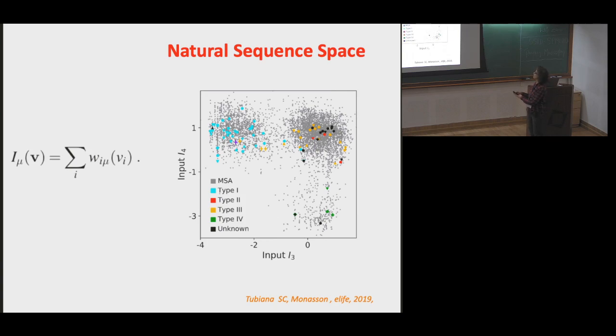So these are all sequences which have been experimentally tested with respect to the binding properties. No, with the PCA. Yeah, exactly. So you have a better identification of these clusters.